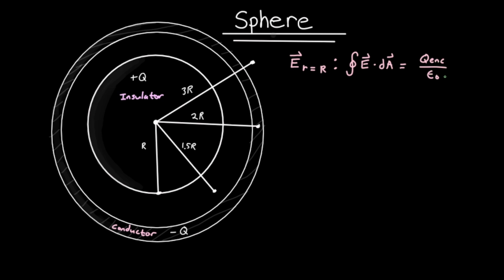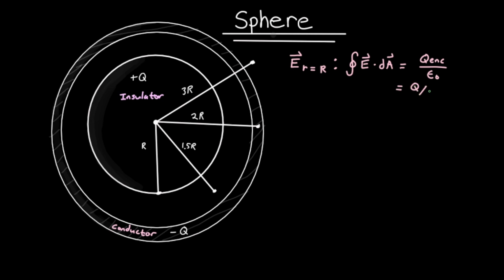So let's first consider the charge enclosed. The charge enclosed here, if we draw our Gaussian surface at radius big R, we'll see that the Gaussian surface encloses the entire insulating sphere. And by enclosing the entire sphere, that means it also encloses the entire plus q charge.